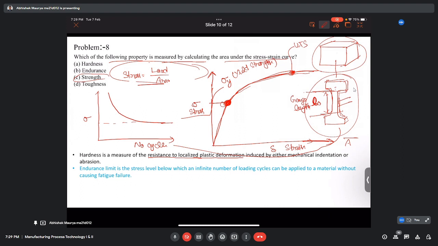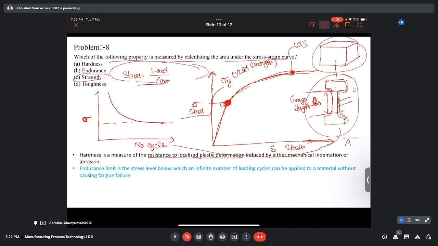We are showing that if we keep on applying a cyclic load greater than sigma, the material will survive for a certain number of cycles.